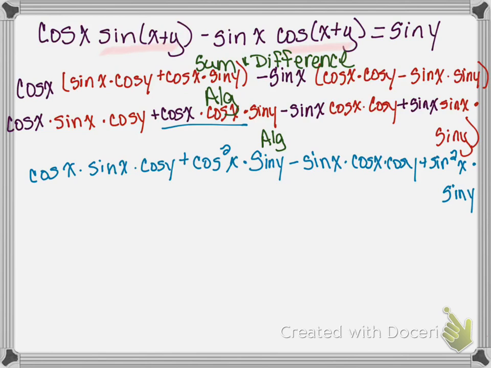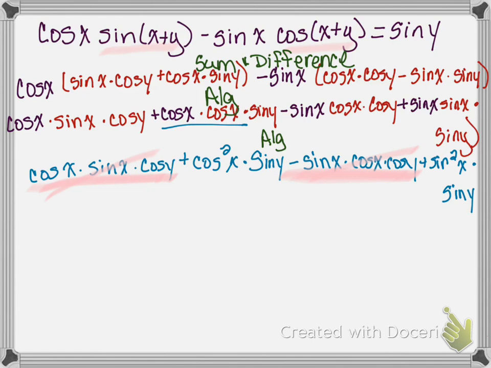Now, if we look here, cosine x times sine x times cosine y, I also have minus sine x times cosine y. So even though they're in a little different order, remember multiplication's commutative, and I can change the order, or associative, so I can change the order for that. These cancel out, and that's what we want to happen. That's the goal.